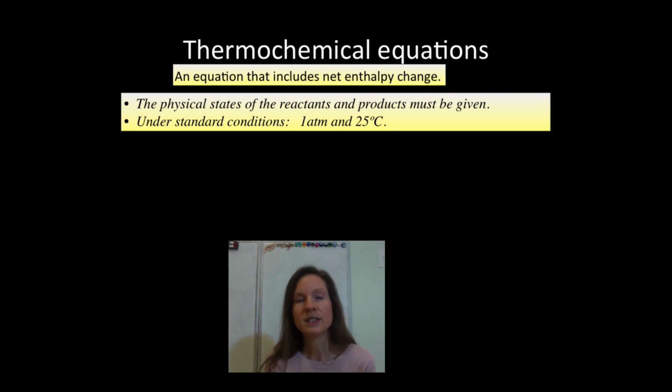The number, standard-wise, is considered to be the amount of energy when that process is happening at 1 atm and 25 degrees Celsius, and the physical states must be given because the amount of energy change depends on what state it's in, right?